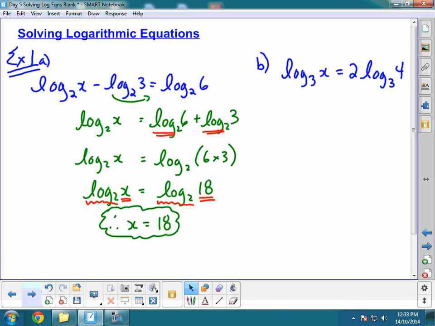So this is the strategy I use most often. I do want to point out though that you don't necessarily have to use this strategy. So I'm going to redo this question, but I'm just going to show you another way you could have done it.